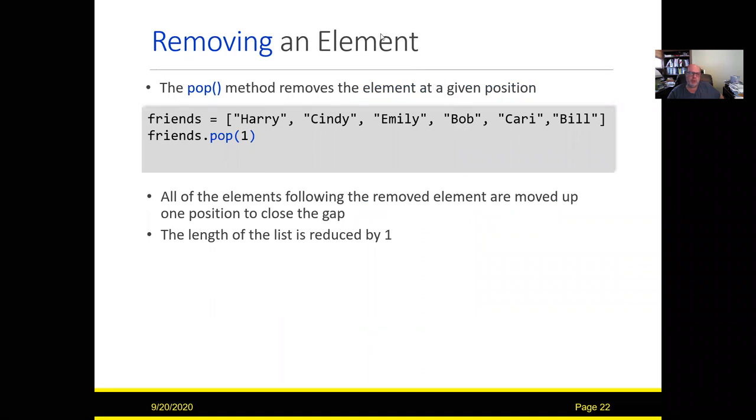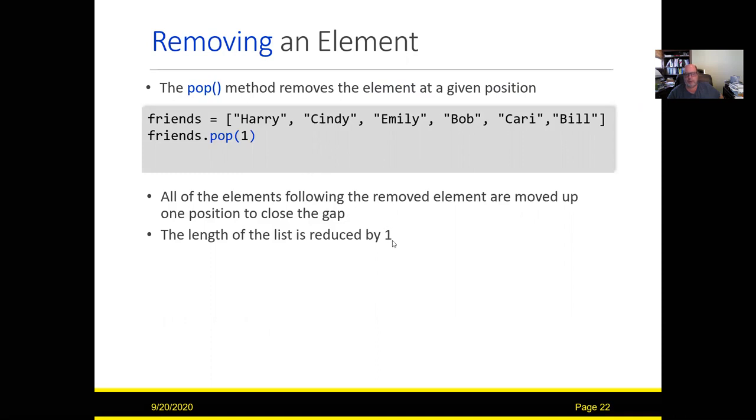The next one is called pop. Remember, in Python, we call functions outside of our classes functions, and when it is part of the class, we call them methods. So pop is a method for the list. So if I say pop, it's going to go to this index, and it's going to remove this from the list.